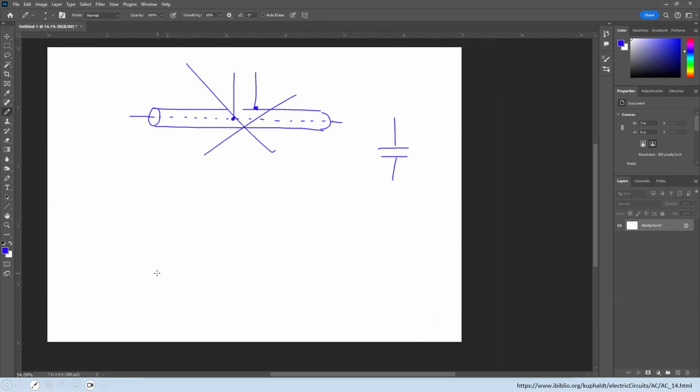What happens is that we need to know how it is that the amplifier, an RF amplifier, for example, which stands for radio frequency amplifier, is going to insert a wave into this cable.